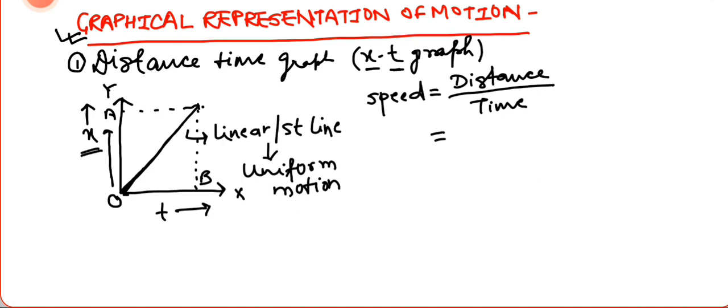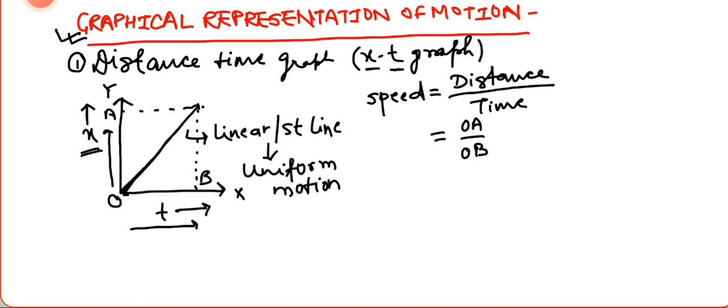Therefore the distance traveled is OA divided by time. We have considered the horizontal axis as the time axis, and the time taken to move from O to A is OB. Therefore, time taken is OB.